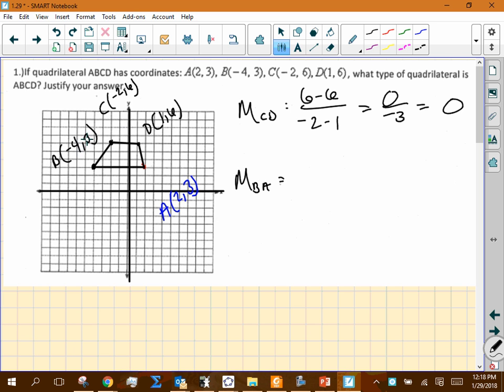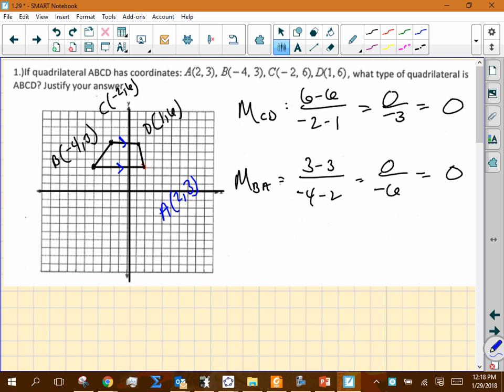So 3 minus 3 again, and then negative 4 minus 2. I get 0 over negative 6, so that gives me 0. At that stage, we know that these are parallel.